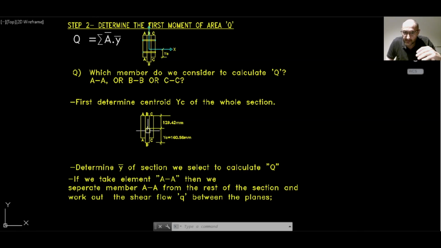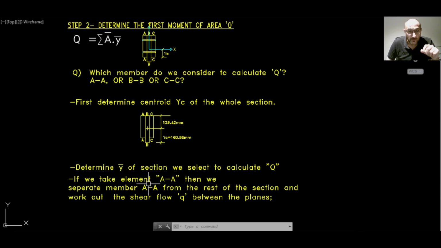If it's bending about the major axis, then Y bar will be vertical: the distance between the geometrical centroid of the whole section and the centroid of the element that you choose will be vertical. If it's around the minor axis, then Y bar will need to be horizontal. Okay, so that's the first thing that we need to look at.